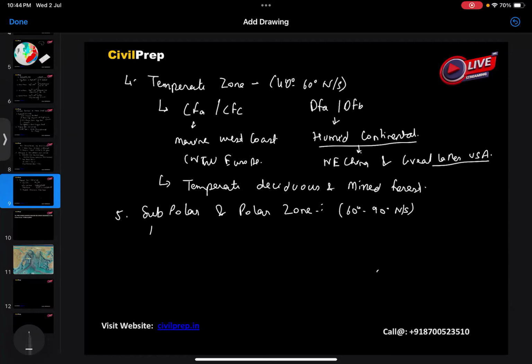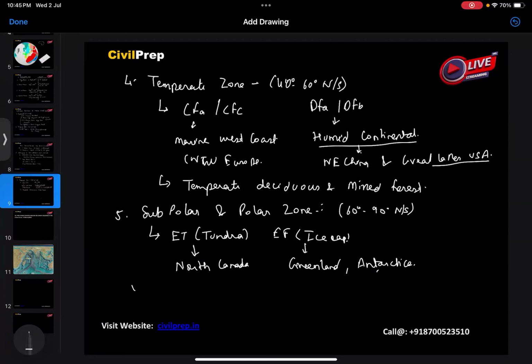So here the climate types are ET, which stands for tundra, and EF, which stands for ice cap. So here we can say tundra is present in North Canada. And here the ice cap is present in Greenland as well as Antarctica.